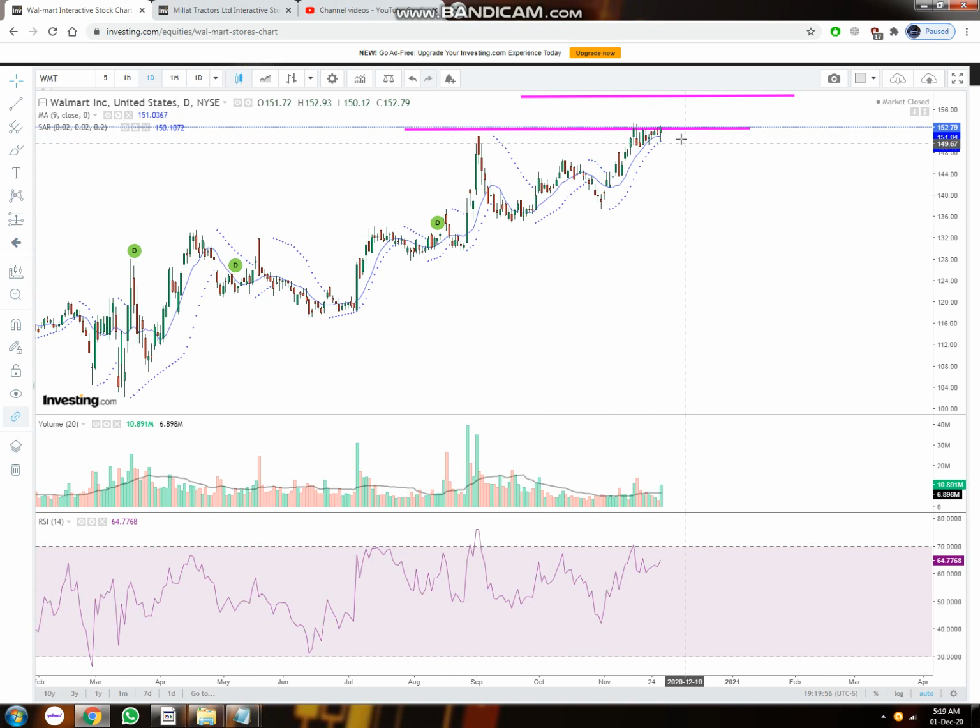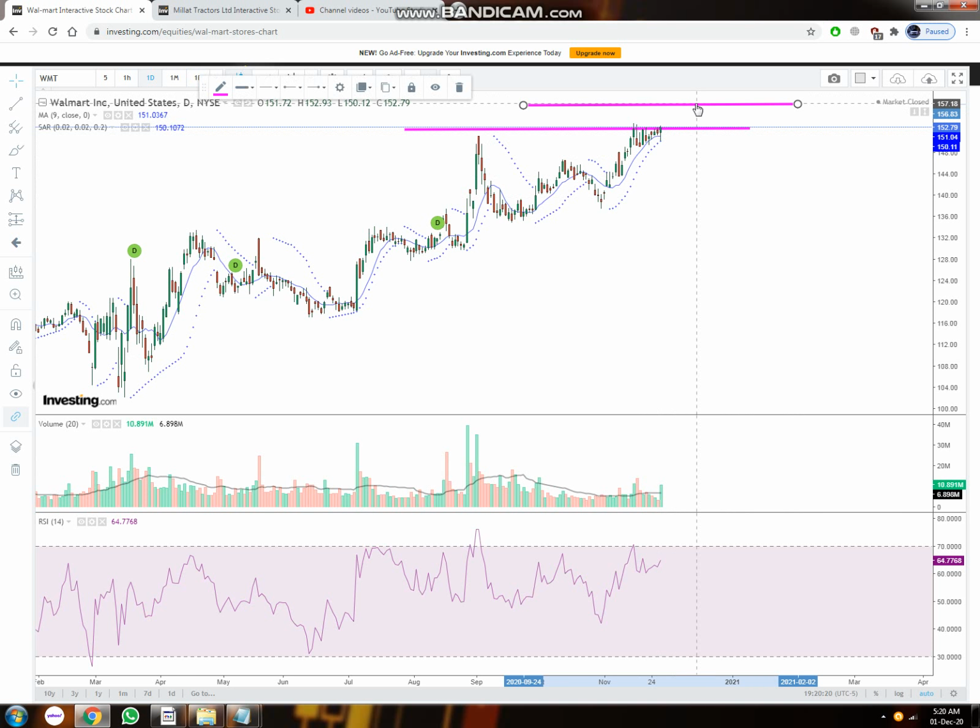If the stock shows bearish candlesticks and starts to come down, you short your position here, and let's suppose it reversed again. If it moves in the downward direction, it is in your favor. But if it moves in the upward direction, you also have your risk management in place. I've placed it over here, you can place it over here.